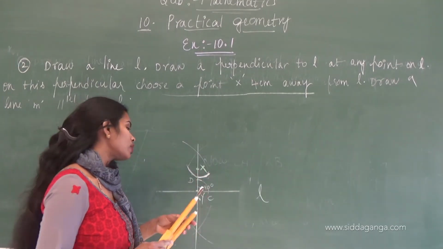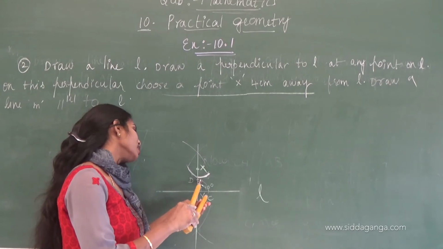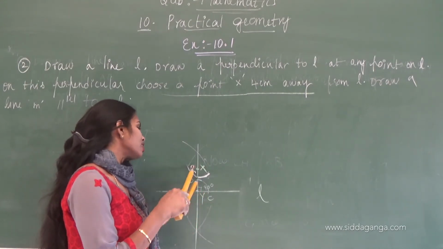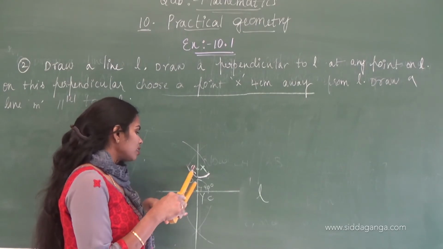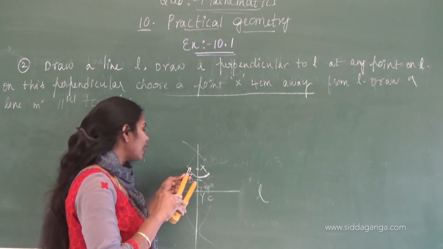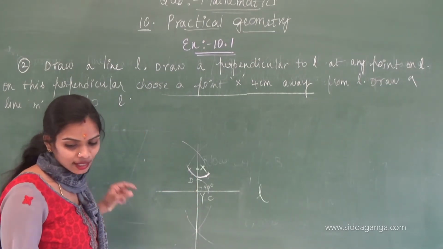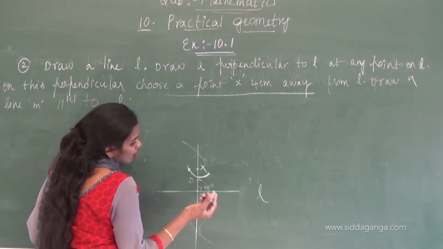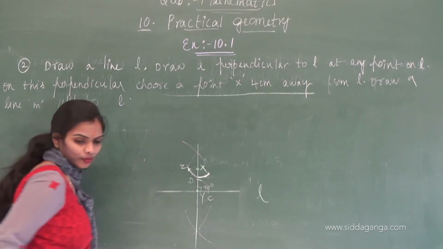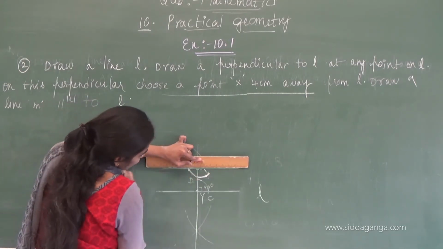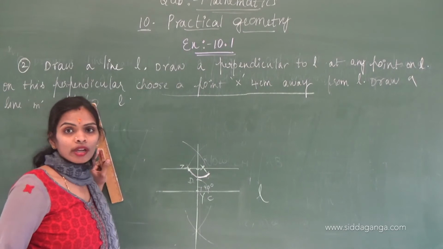Then from the point of intersection of X, Y and the arc, we have to cut the arc and name the point as Z. Then we have to join Z and X.